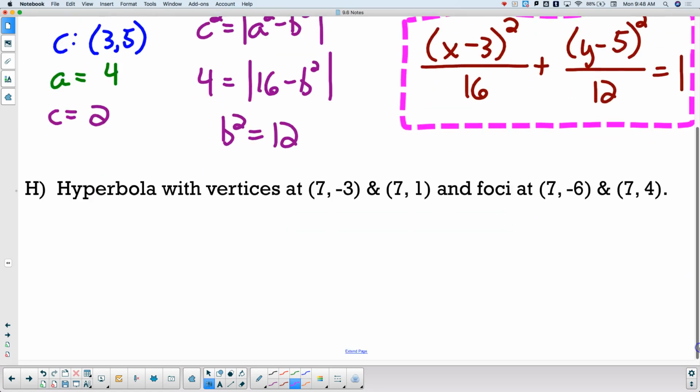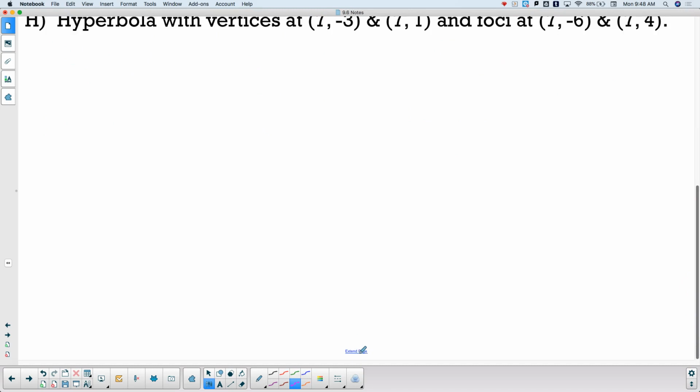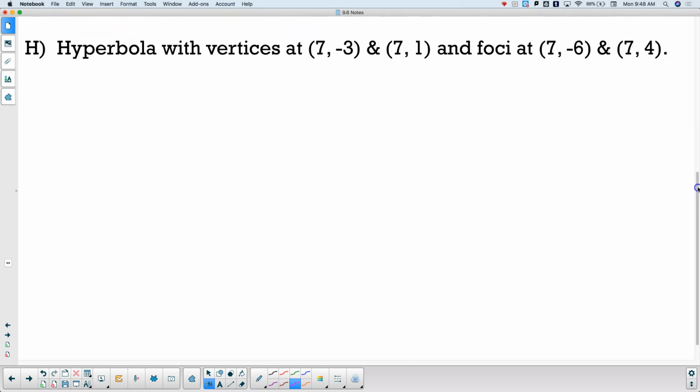Same goes here for the hyperbola. Now I've got vertices at (7, negative 3) and (7, 1). I've got foci at (7, negative 6) and (7, 4).